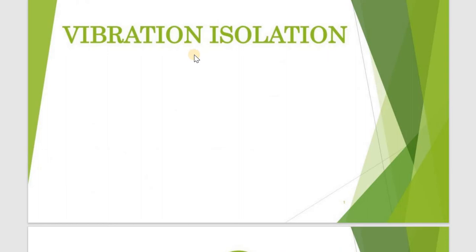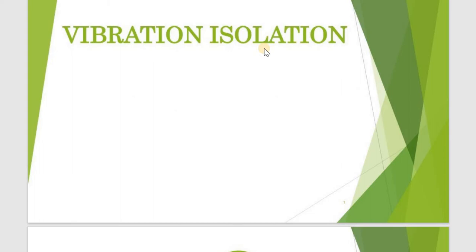So the next topic in this second module is vibration isolation. That is a very important concept that you need to understand when you are practicing as an engineer also. What is isolation? Vibration isolation means the way in which I can isolate a building or a structure or a machinery from excessive vibration of the ground.